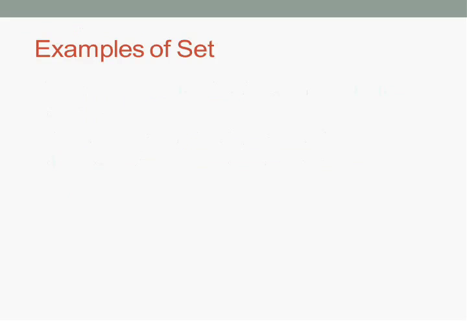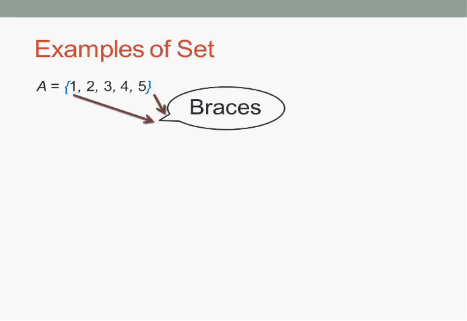Now let us move on to an example. Consider a set A equals the set of all 1, 2, 3, 4 and 5. It is very common in mathematical notation to give sets names.